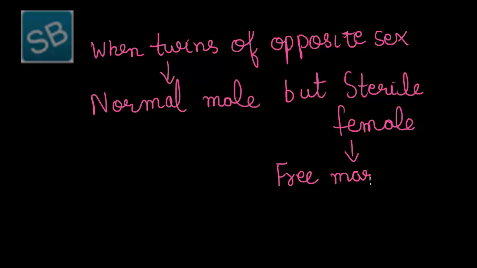That is, the sterile females that are formed by undergoing hormonal influence develop into free martins. Such a type of phenomenon is also found in other animals like cattle. Now, in cattle, as we all know, the occurrence of twins is very frequent.